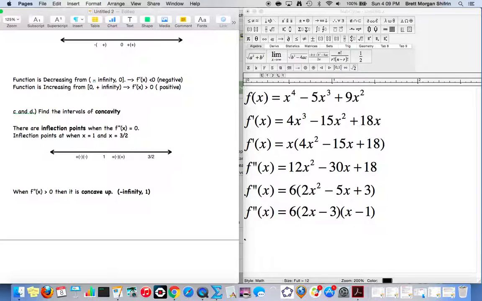So when the second derivative of x is less than 0, we know it's going to be concave down. And so we're able to say, okay, from 1 to 3 halves, it is concave down.